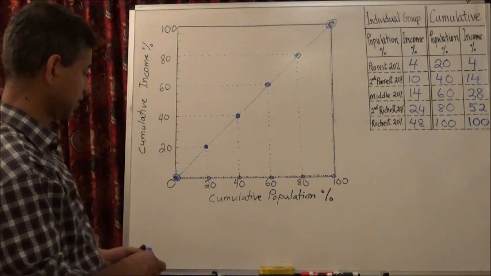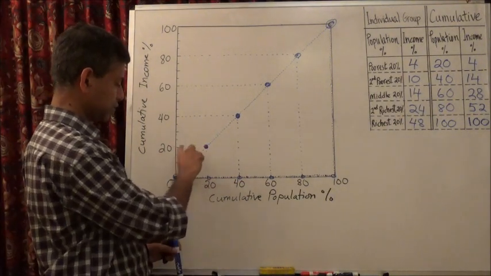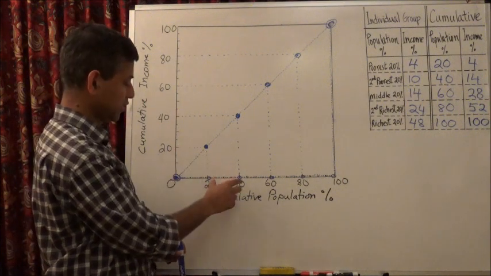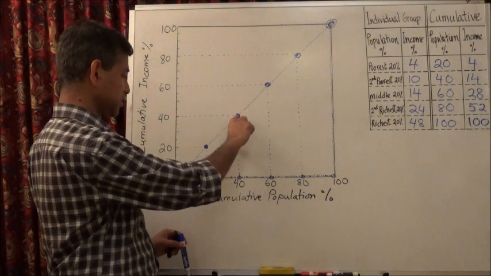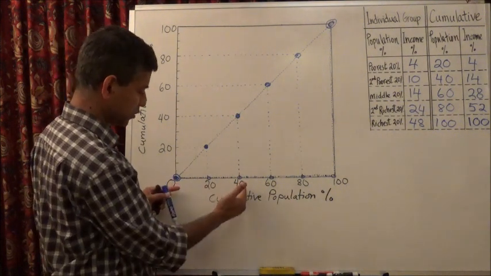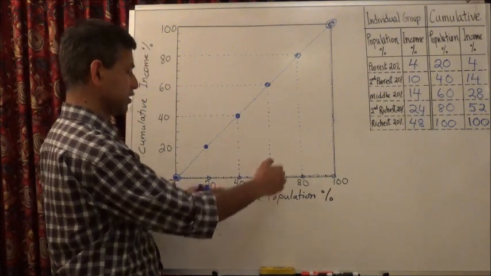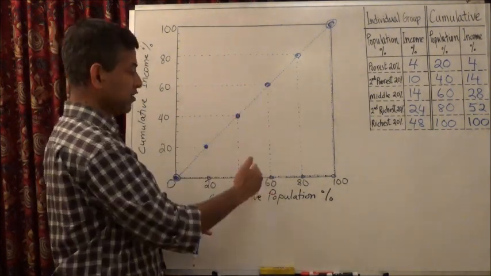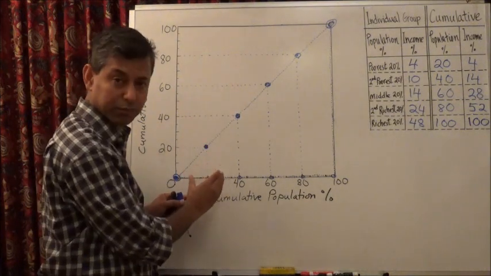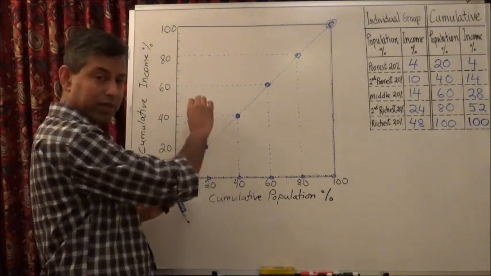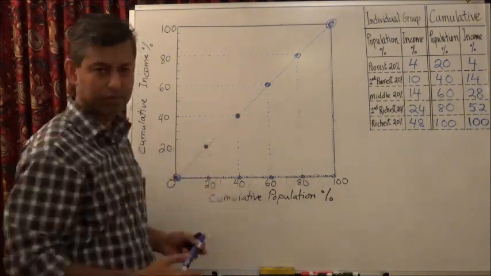It would basically give us 20% of the population having 20% of the nation's income, another 20% of the population having another 20% of the nation's income, so cumulatively 40% of the population having 40% of the income, 60% of the population having 60% of the income, so on and so forth. It's proportional because as we keep adding more people, we keep adding more income. As long as they have the same income, it just keeps going up proportionally.